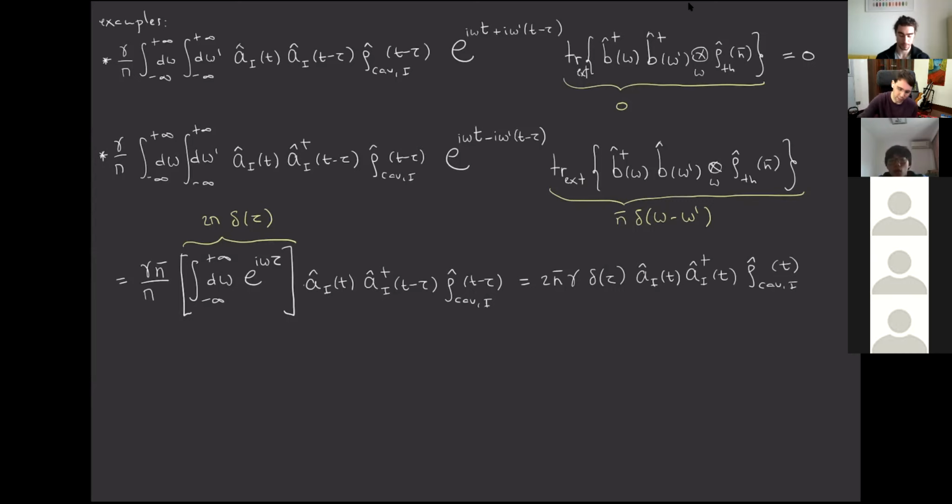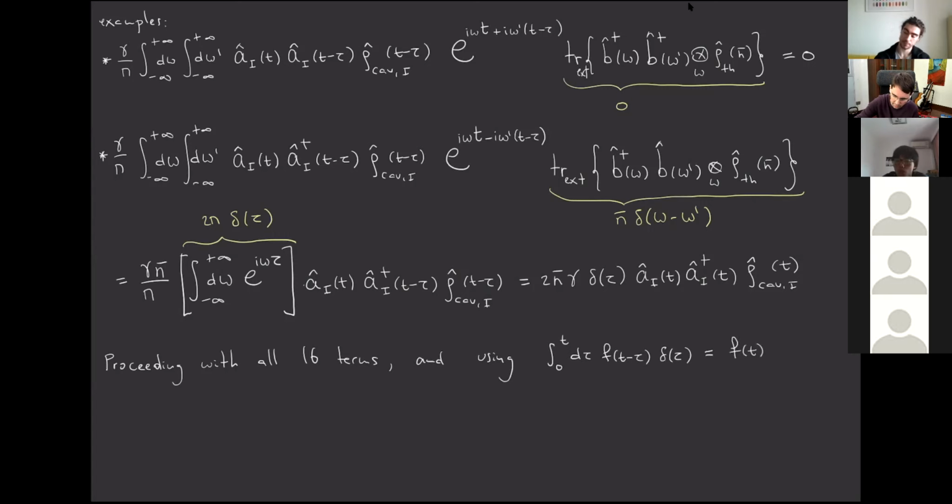Okay, so if we proceed in the same way with all 16 terms, so with the other 14 terms that I didn't write, and we also use that the integration from 0 to t of d tau of any function of t minus tau times delta tau is equal to f of t divided by 2.